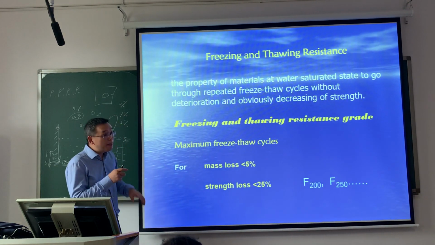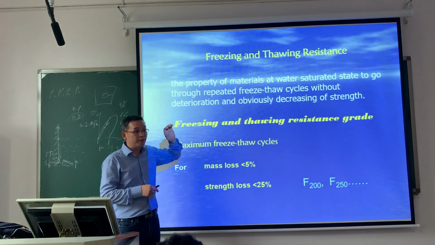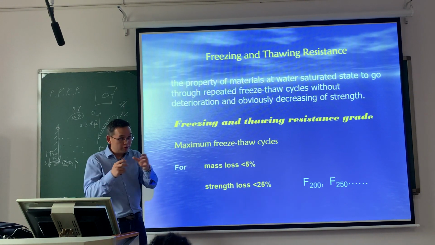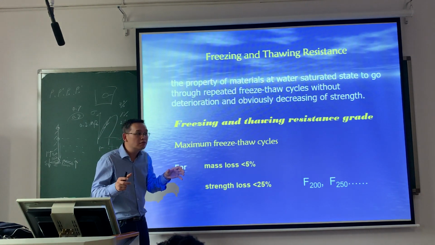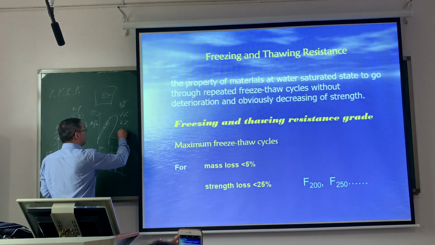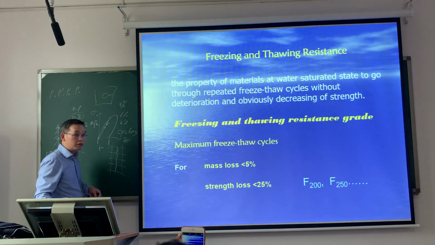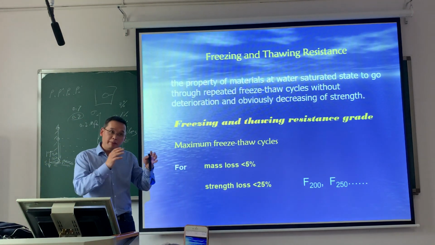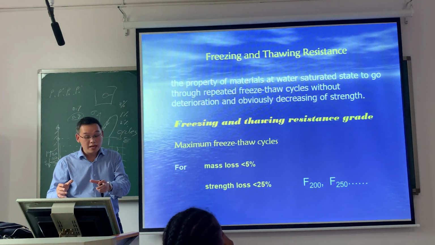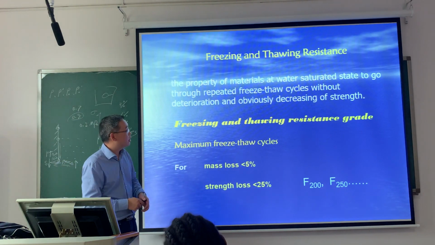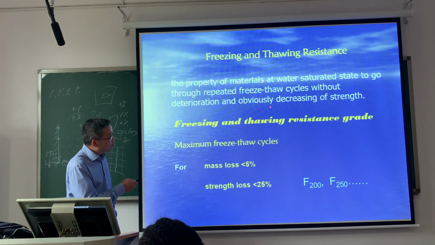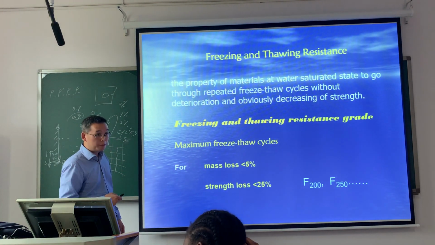To go through repeating cycles, freeze, maybe freeze for 24 hours, and then melt it, without deterioration or a sharp decrease of strength.